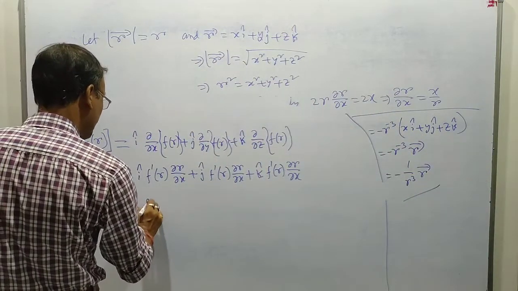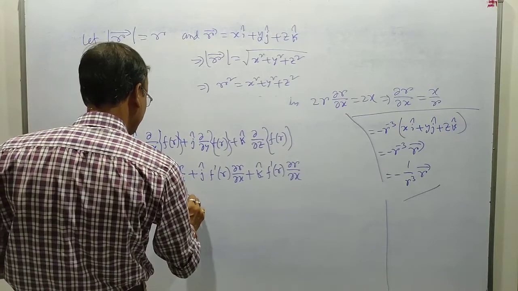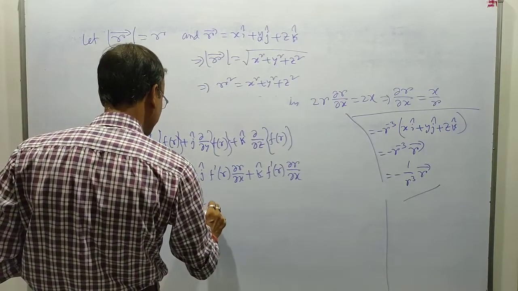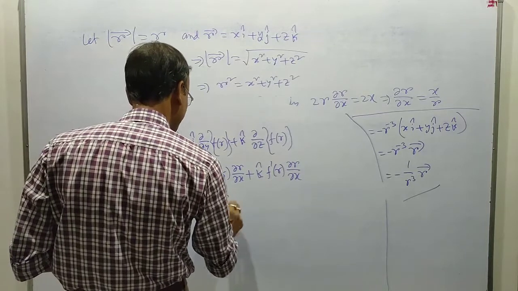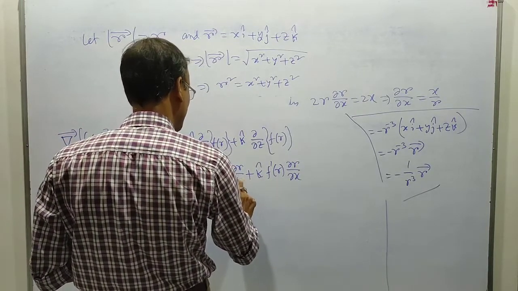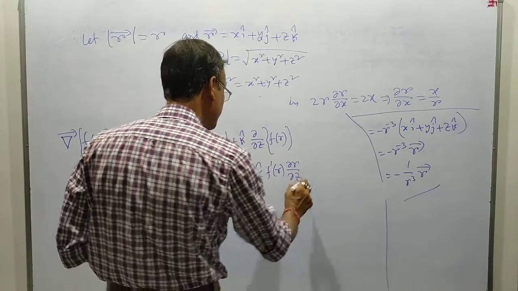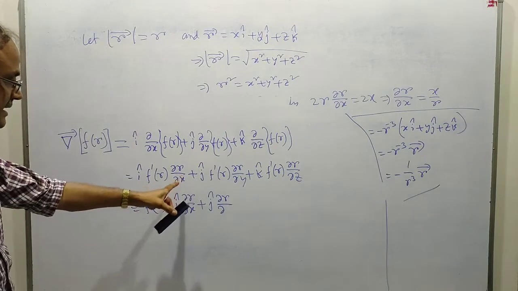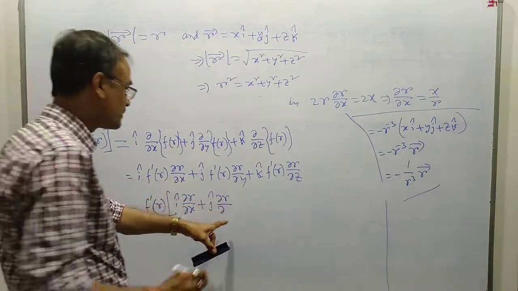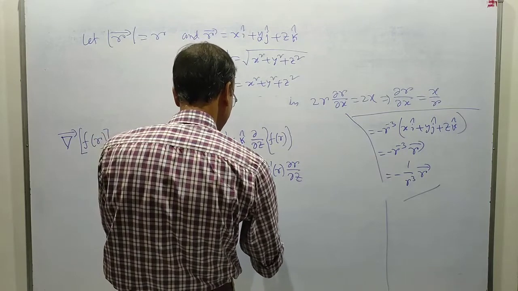This is equal to f dash r times i cap delta r by delta x plus j cap delta r by delta y plus k cap delta r by delta z.